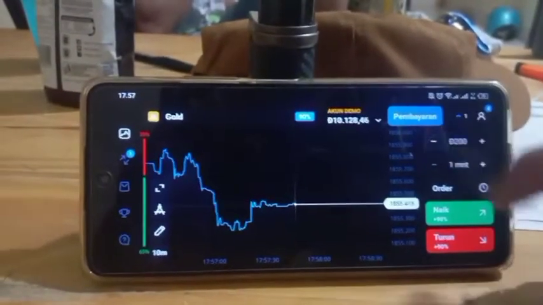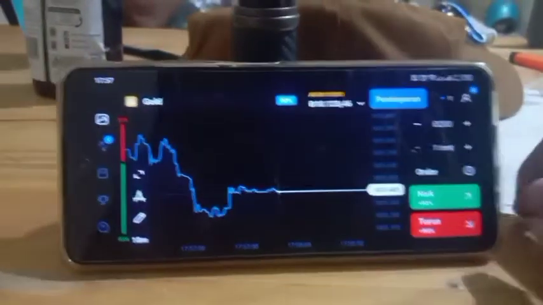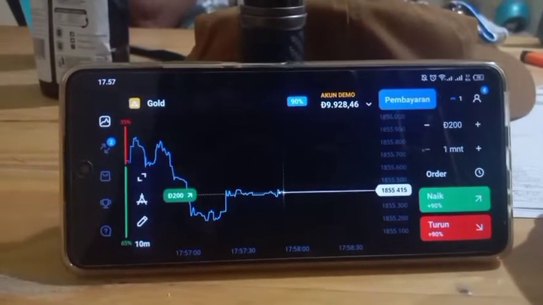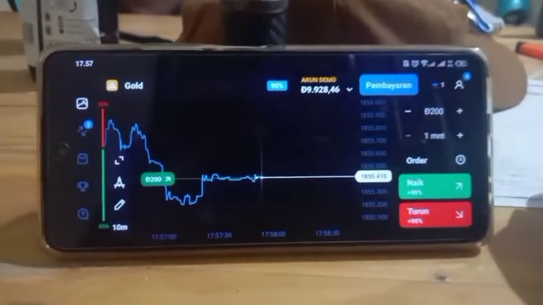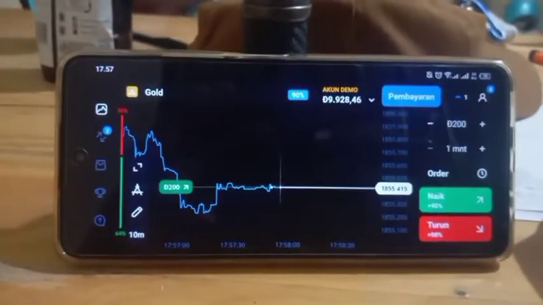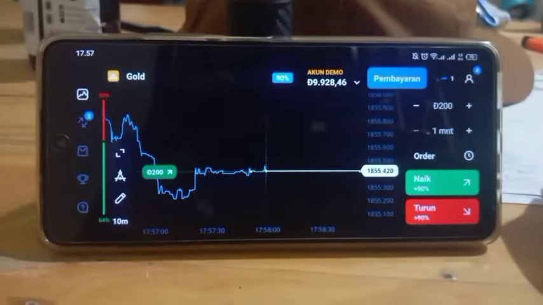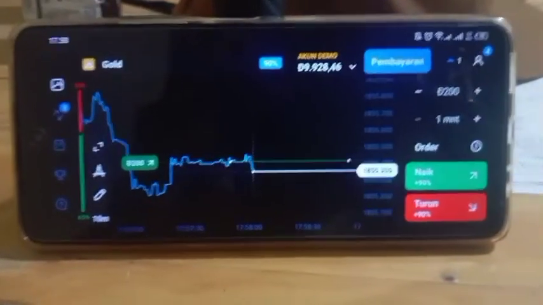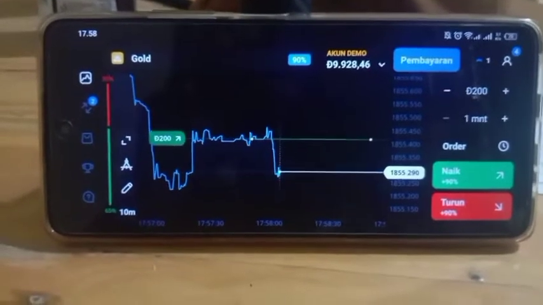Here are the steps for scalping gold. Open gold chart on 1 minute time frame. After that, install the stochastic indicator with setting 5.3.3 above the chart.